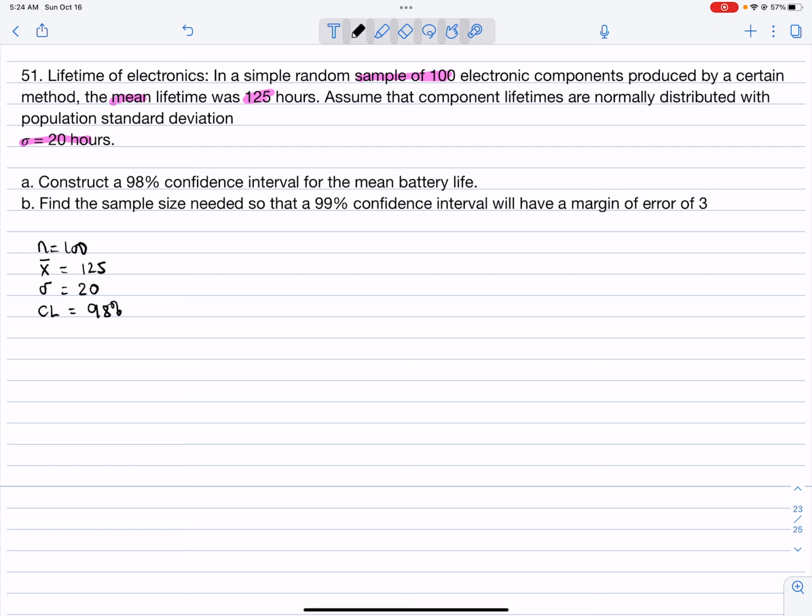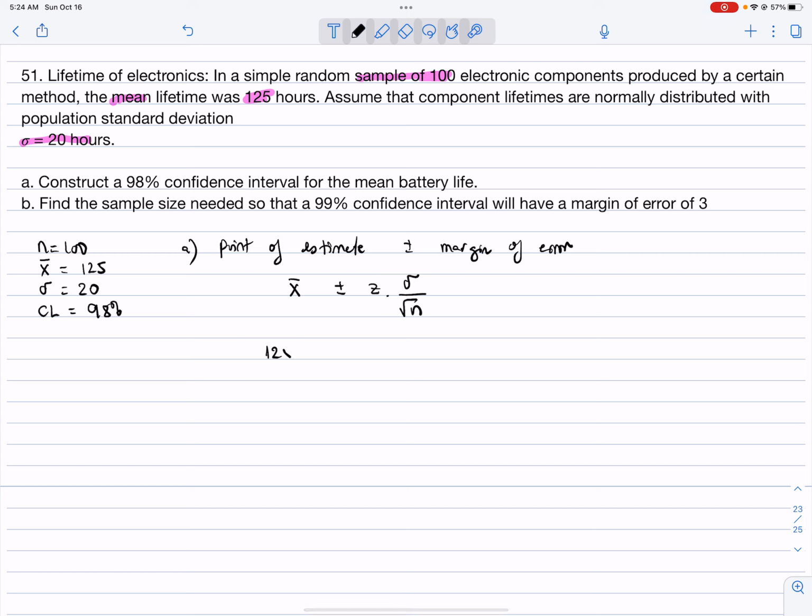So we know the formula is the point estimate plus minus the margin of error. So the point estimate is X bar plus minus the margin of error, Z times sigma over square root of n.